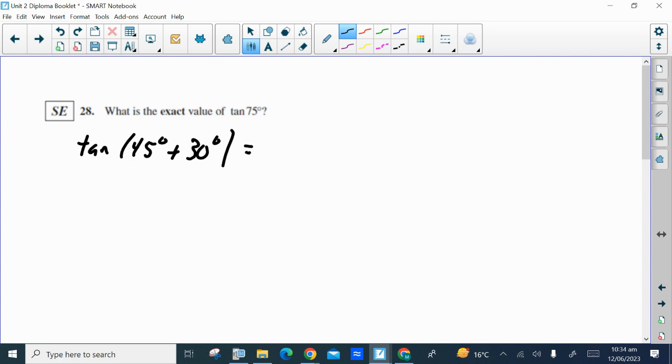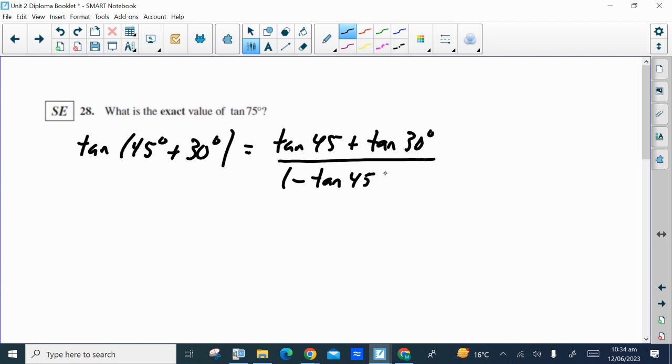So we would use the sum identity for tangent that's on the formula sheet. And that is tan of A plus the tan of B all over 1 minus tan A times tan B. The tan of 45 is 1, plus the tan of 30 is root 3 over 3, just getting that from the unit circle.